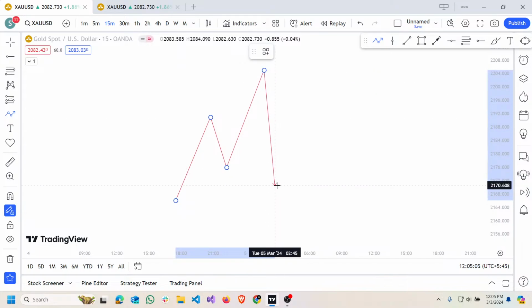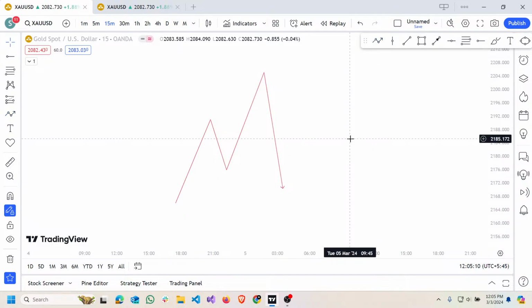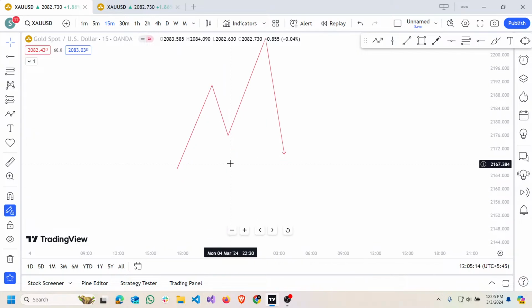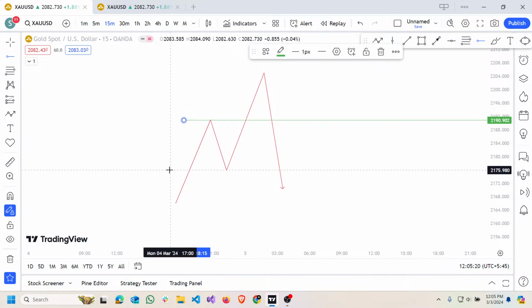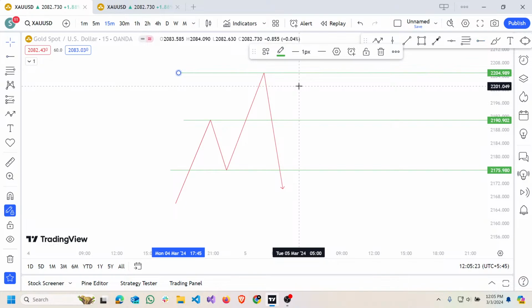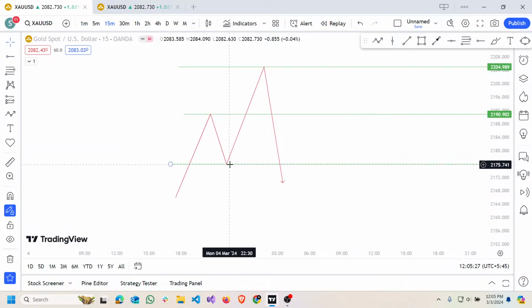Let's say the market is in this condition. We are in an uptrend. We created a higher high, higher low, higher high, and the next candle is closing below the higher low.